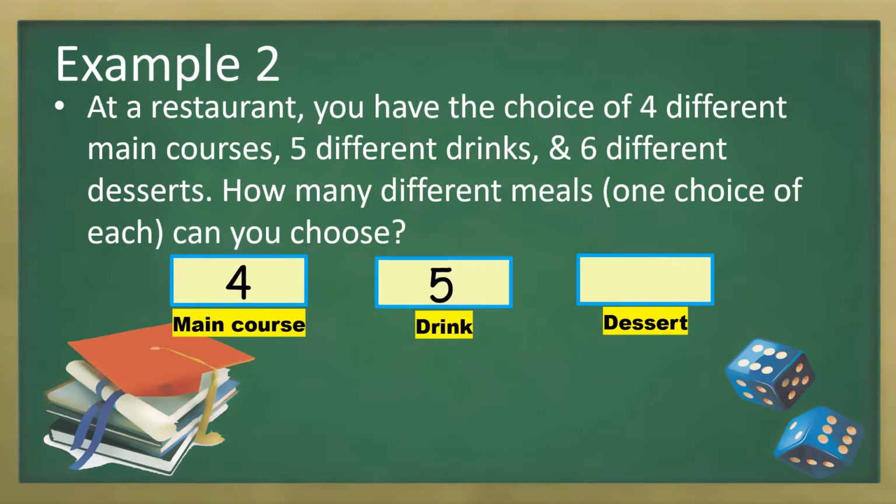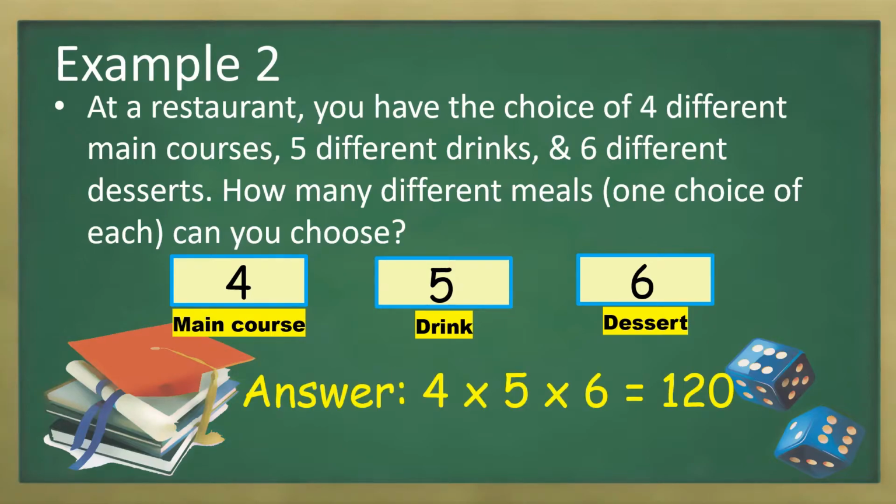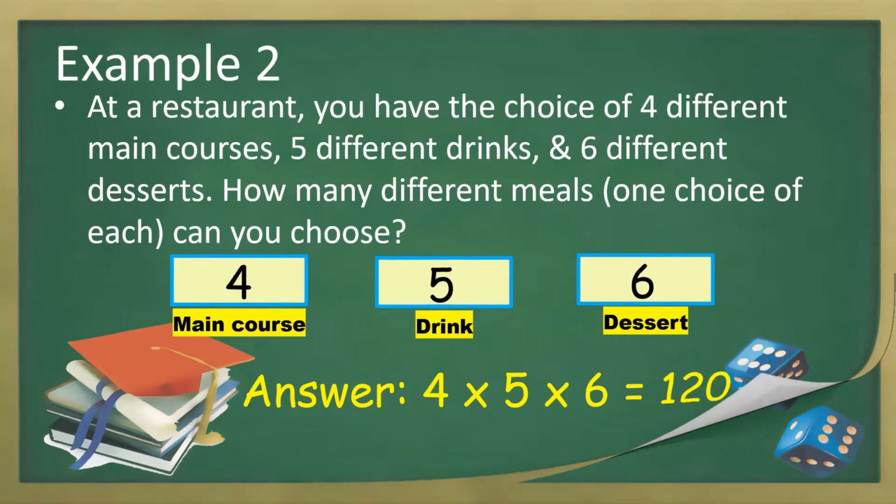For the drinks, there will be 5 choices. And for the desserts, there will be 6 choices. According to the multiplication principle of counting, to get the possible number of outcomes or the sample space, we multiply the choices per event. So therefore, we will have 4 times 5 times 6, which will give you 120.